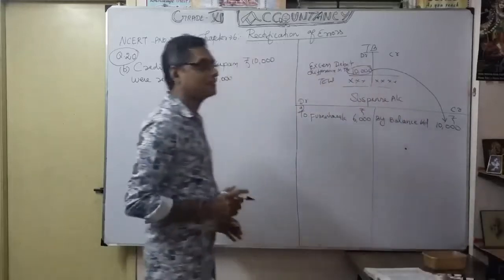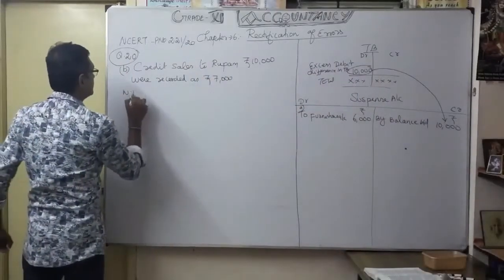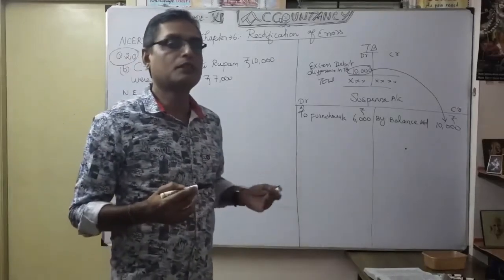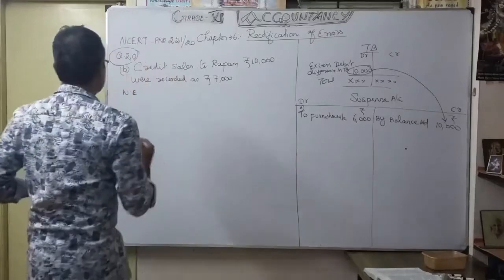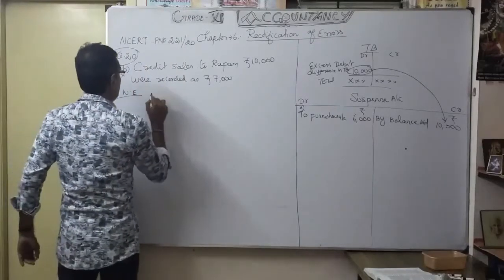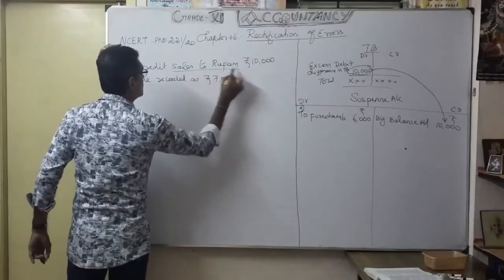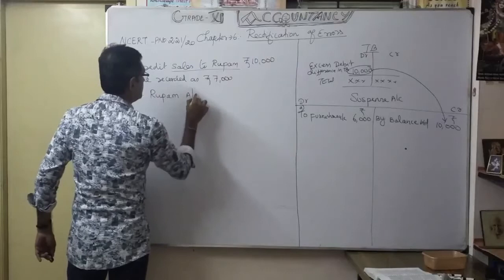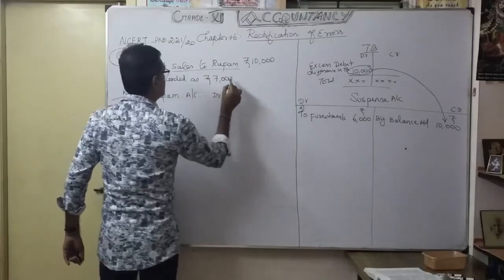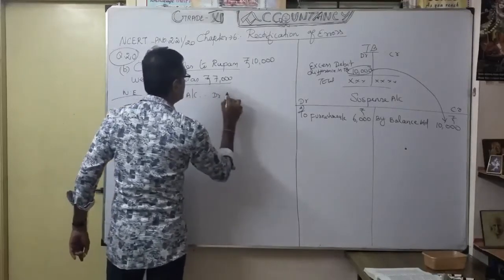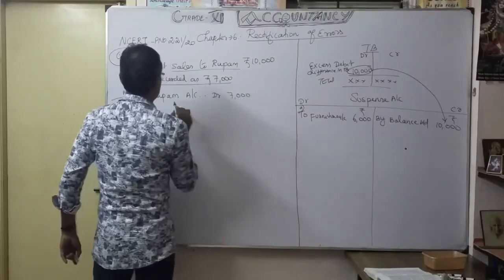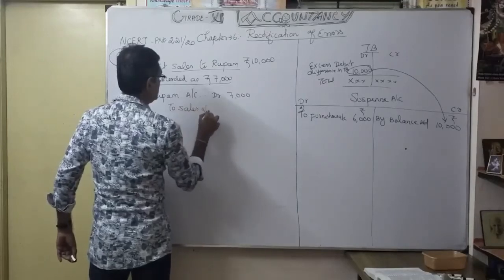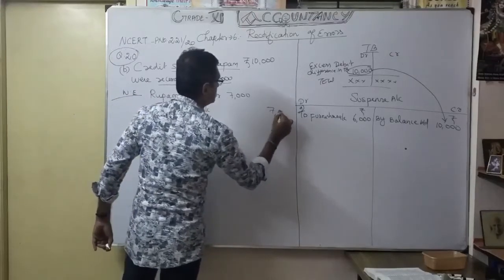See here, what is the wrong entry? We said whenever there is a wrong entry, the correct entry is possible, and then our rectification entry is very easy. So what is the wrong entry? As we know, credit sales to Reuben. Reuben account debit, how much? They recorded only 7,000: Reuben account to sales account, 7,000.